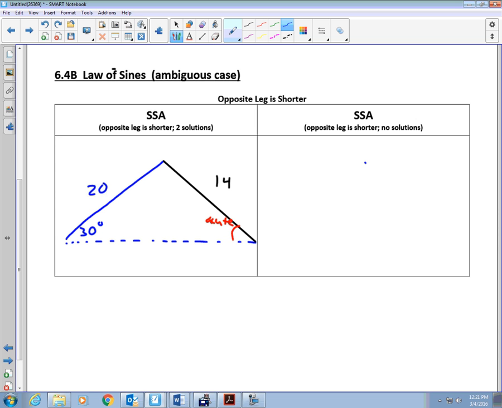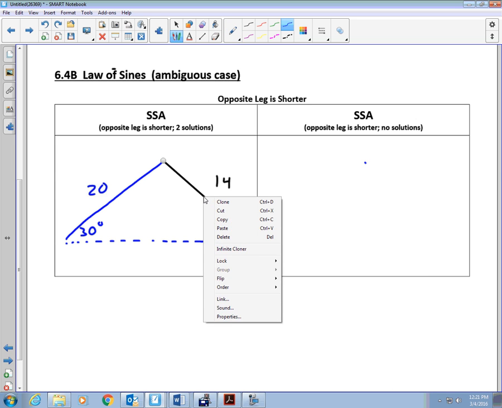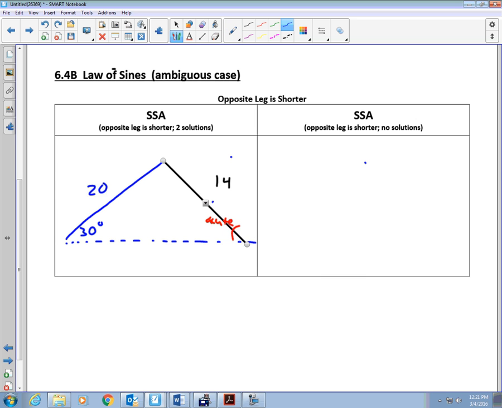I will create another triangle that has the exact same properties of the side-side-angle. It'll have an angle of 30 and a side of 20 and a side of 14. Only it will be a different triangle. Watch how I do it. Agreed? That also has a side length of 14 right here.